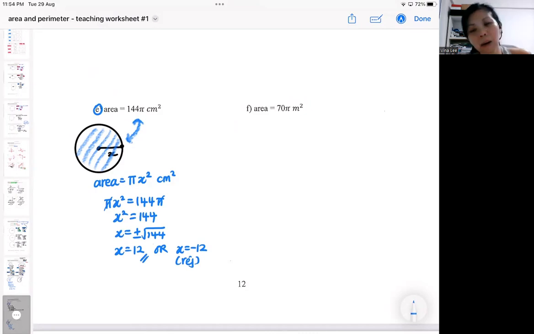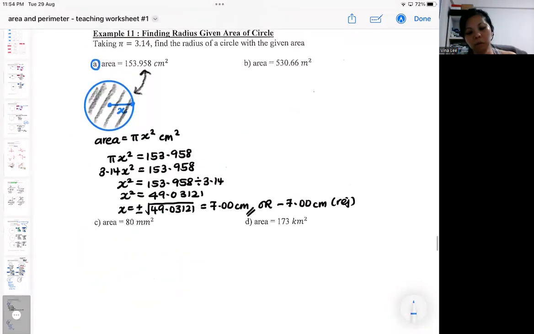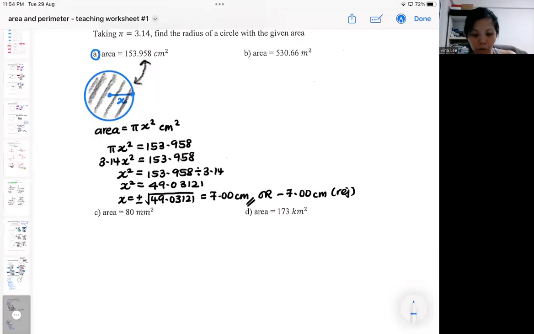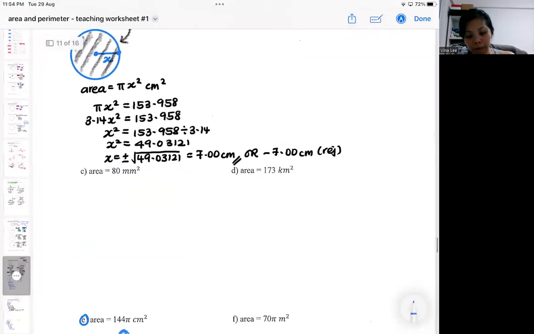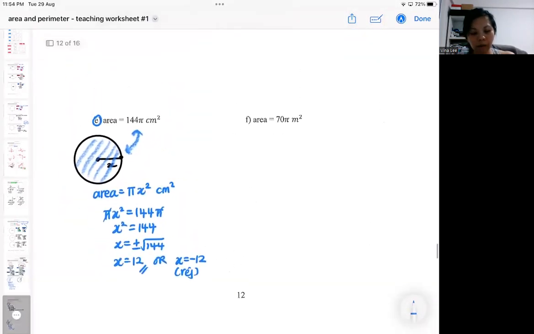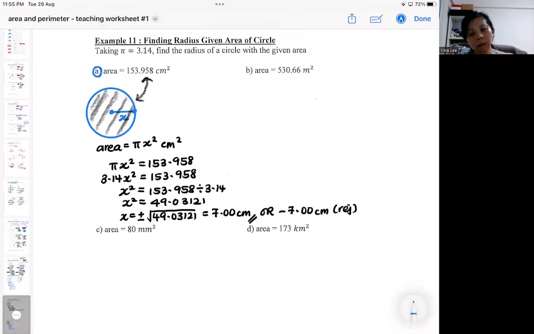So when there are pi on both sides, you can just cancel out. Try completing example 10 and example 11. That is the difficult part where you need to do the opposite. Calculating the actual area and circumference will be much easier. So try completing this.